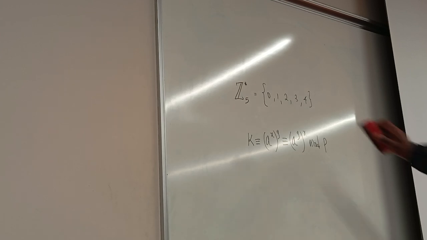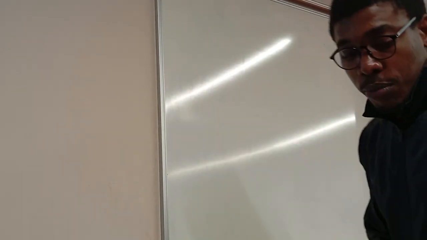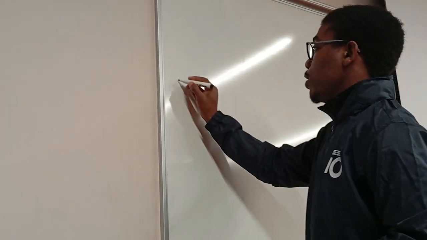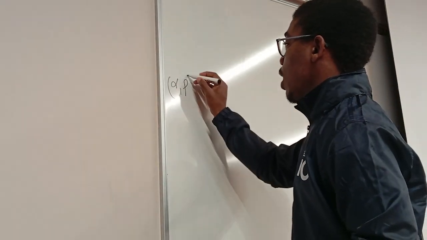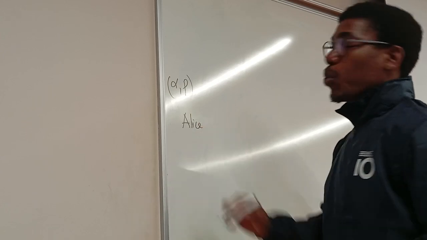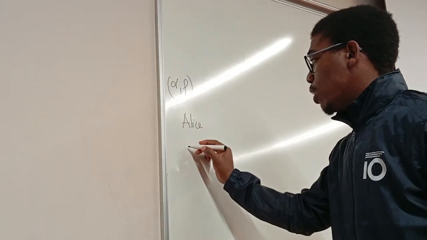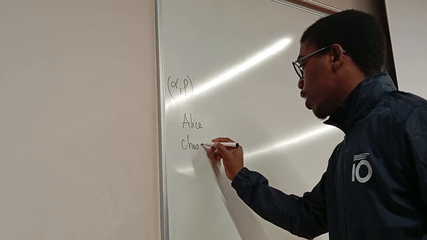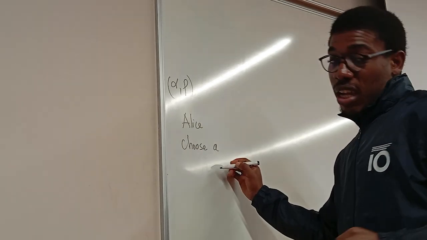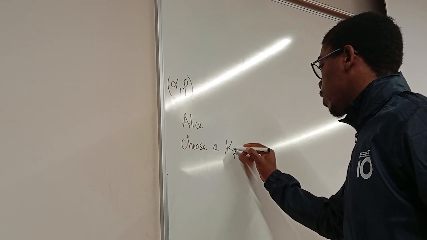Let's assume that these two domain parameters, alpha and p, are public. So we have Alice. What Alice does is that Alice would want to pick a private key. So we say Alice is going to choose A. A is like a private key, so we can call it private.